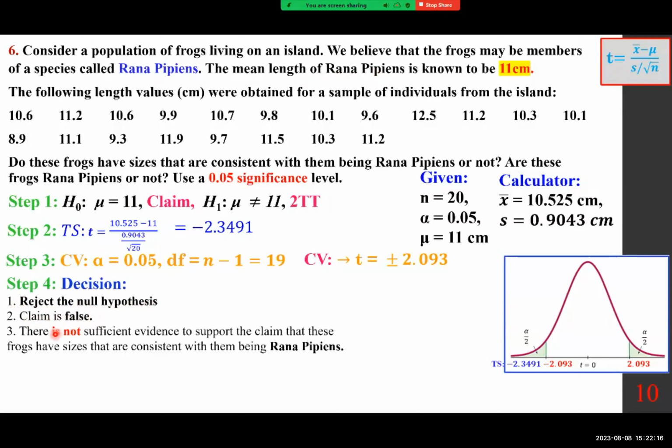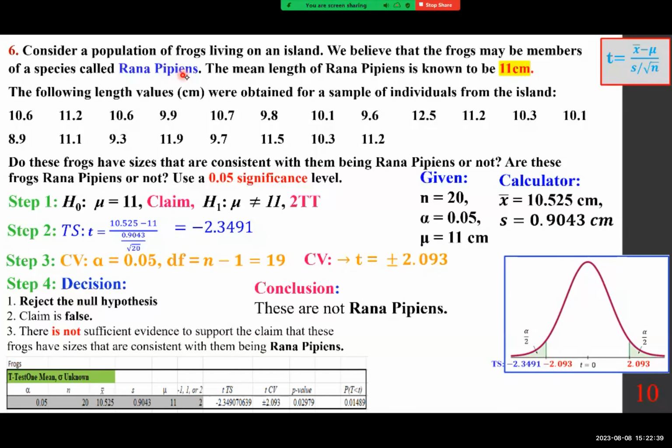There is not sufficient evidence to support the claim that these frogs have sizes that are consistent with them being Rana pipiens. The conclusion, therefore, is these are not Rana pipiens. These are not the same species of frog that we were thinking.